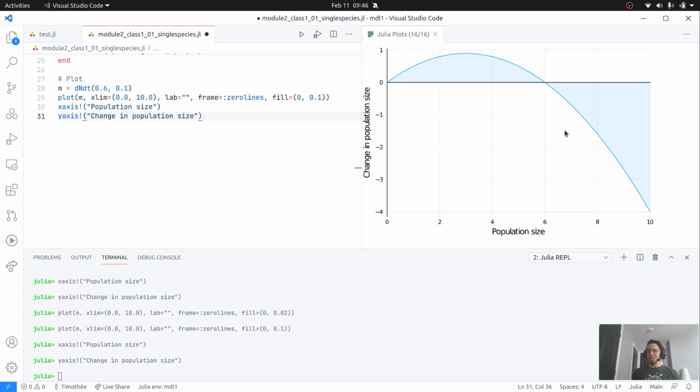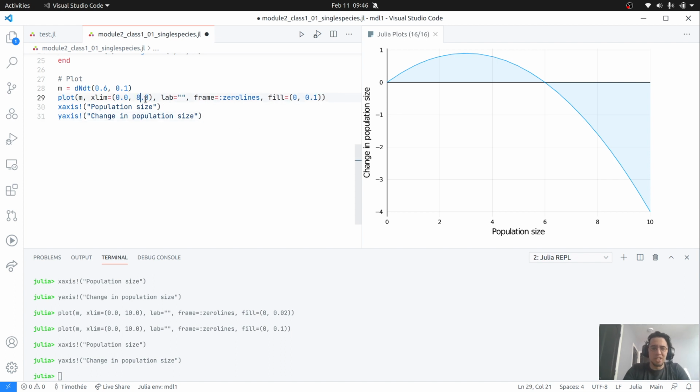And as a result, the points where the line is crossing the 0 axis are going to be an equilibrium. So if you take the function that gives the derivative and you just plot it, you look at all of the points where its value is 0, that is an equilibrium.